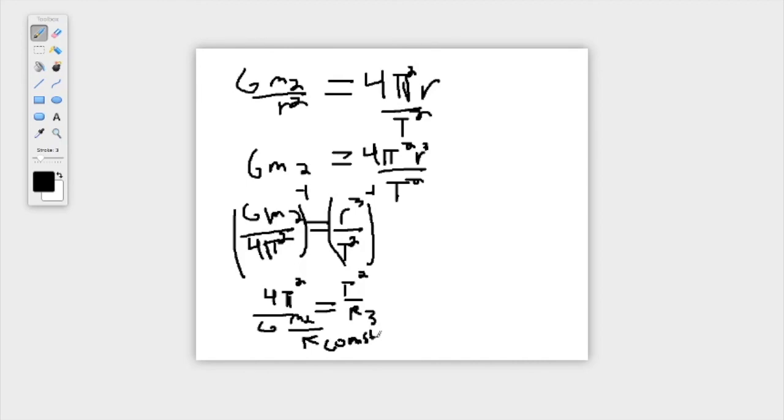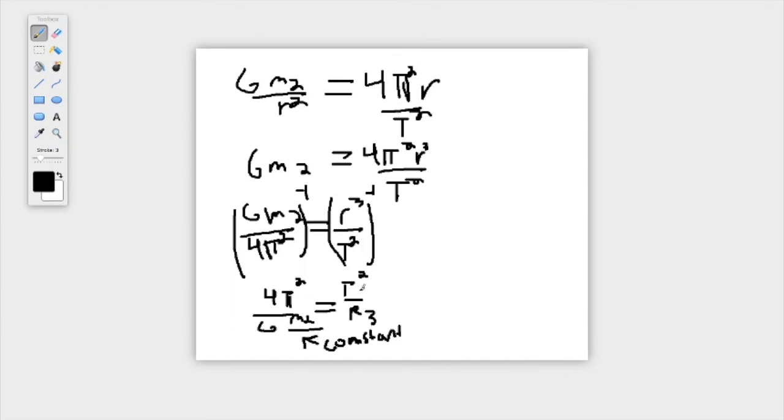The sun's mass is always going to be constant. And because it doesn't orbit anything else, it doesn't have a period, if that makes sense. Then we know 4 pi squared is a constant, and G is a constant.